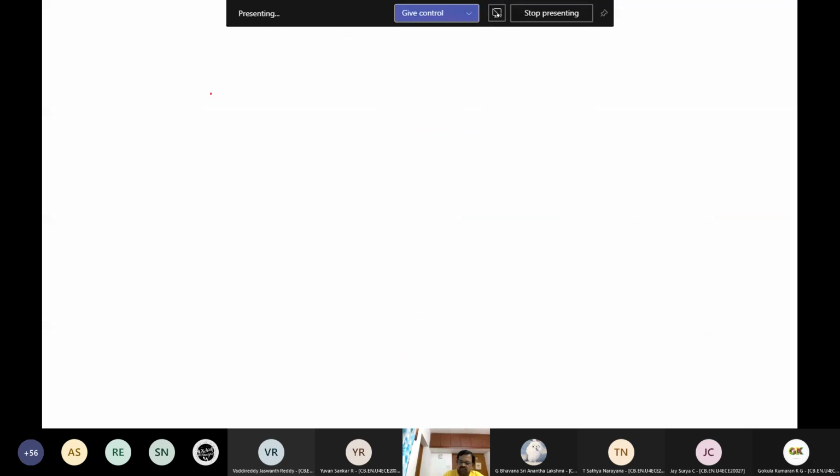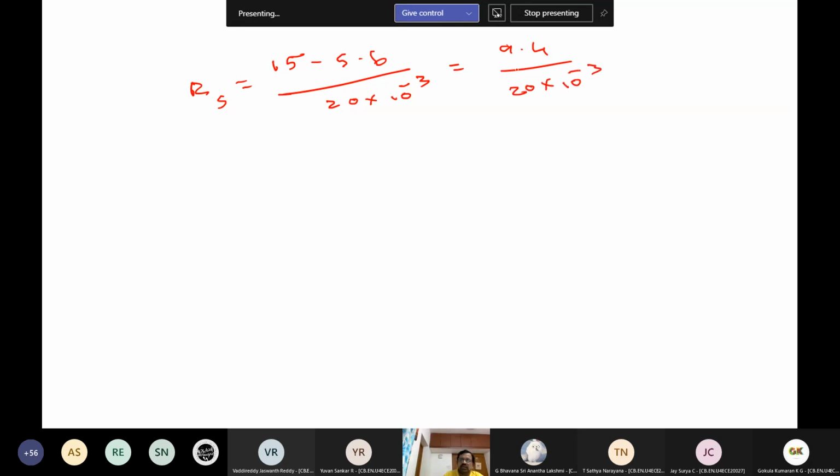So using the simple equation, RS will be equivalent to 15 minus 5.6 divided by 20 milliampere. This is 9.4 divided by 20, again I don't require a calculator, this is simply equivalent to 4.7 into 10 power 2, that is equivalent to 470 ohms.